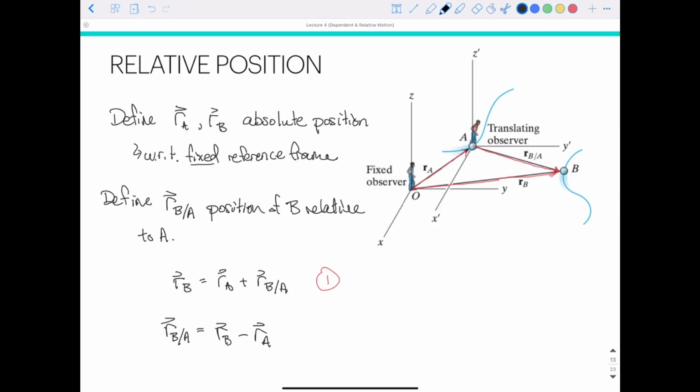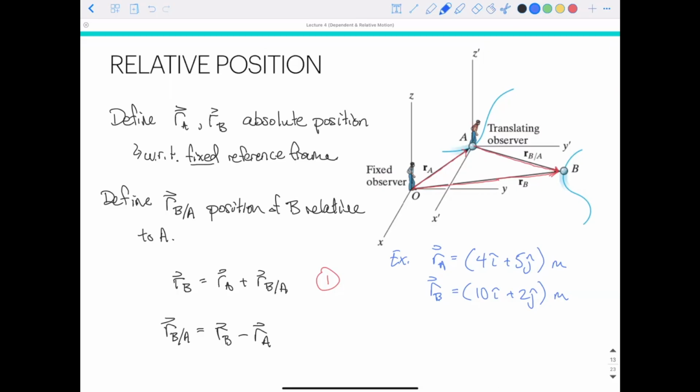So if, for example, we have RA equal to 4I plus 5J meters, and RB is equal to 10I plus 2J meters. Just picking arbitrary vectors.